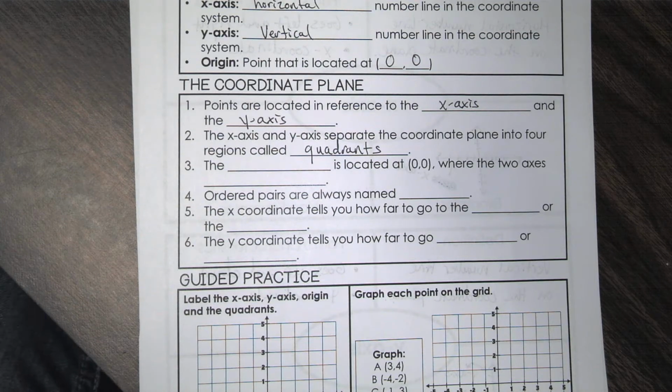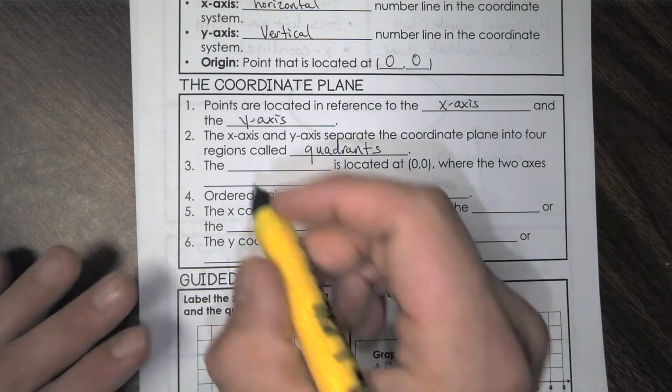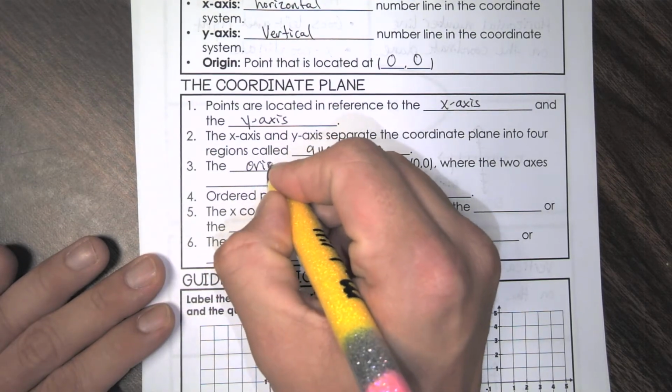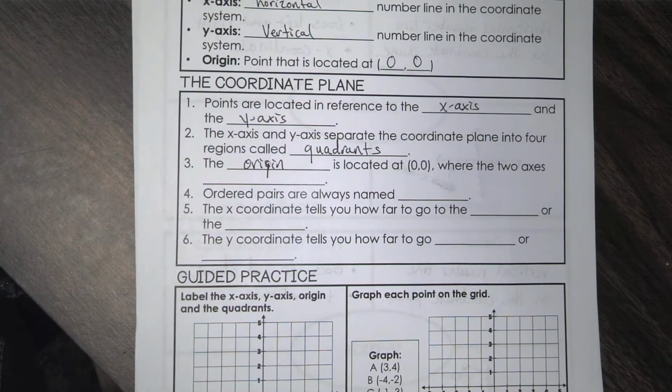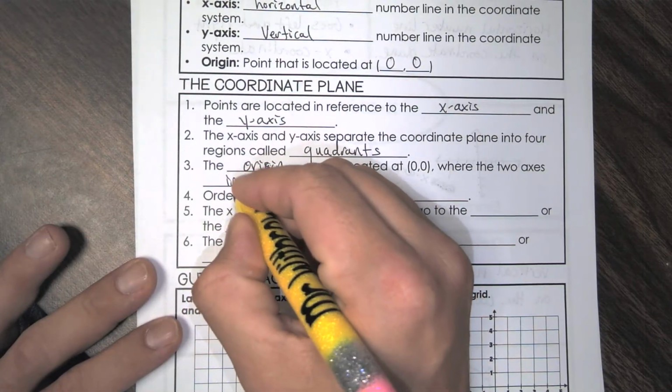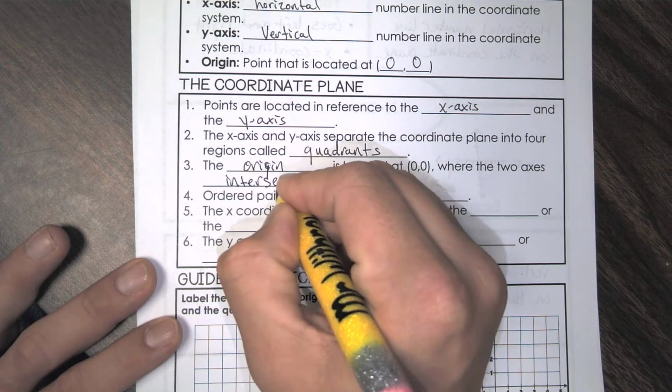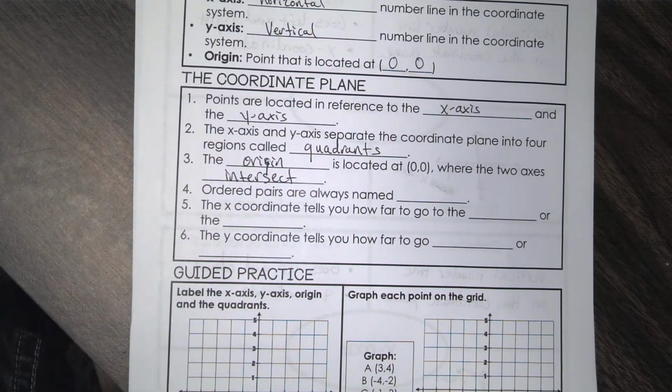And where these 2 lines cross, the x and y axes, is called the origin. The origin is located at 0, 0, where the 2 axes intersect. Where they cross, that's called the origin, 0, 0. Guys, just take the notes.